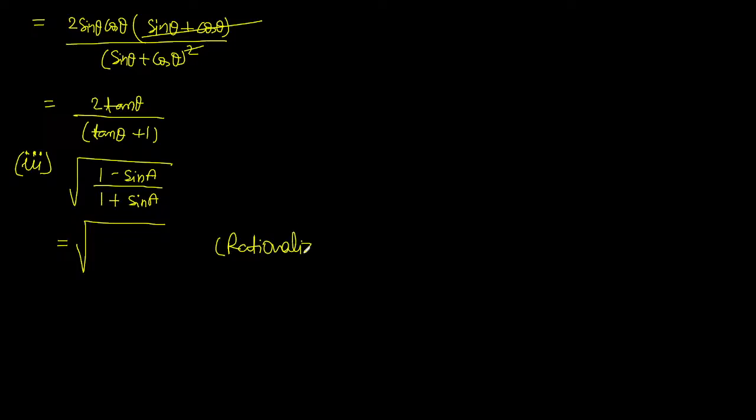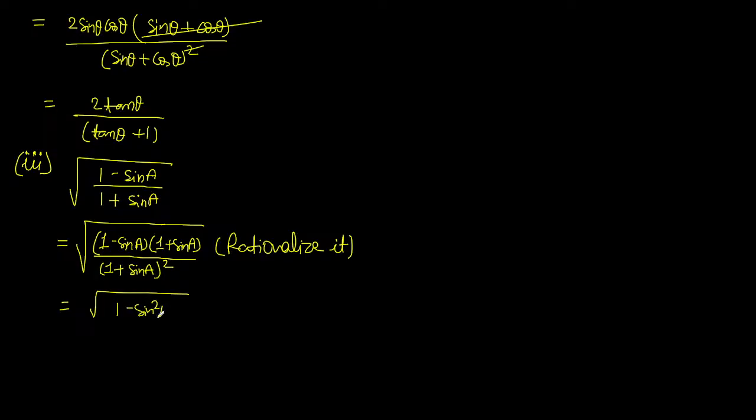Multiply and divide with 1 plus sin a. So we'll get 1 minus sin a, 1 plus sin a upon 1 plus sin a whole square. This is root under 1 square minus sin square a.